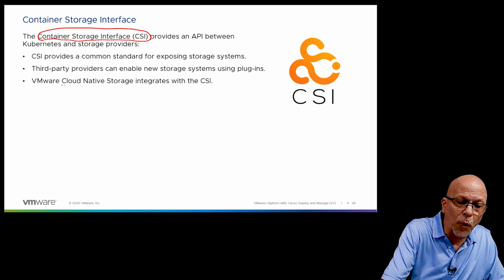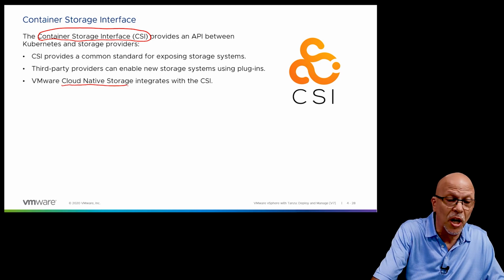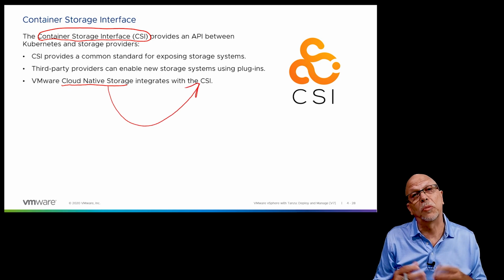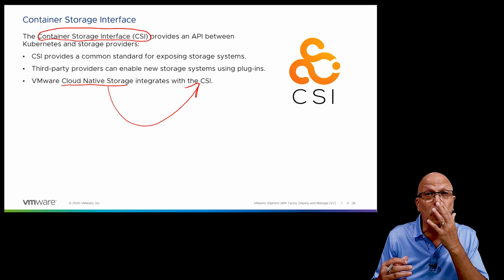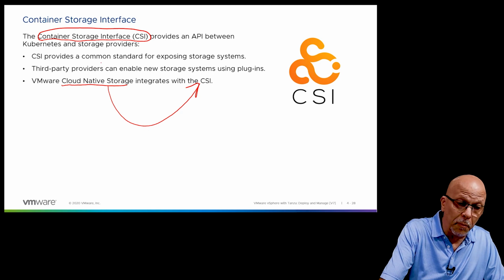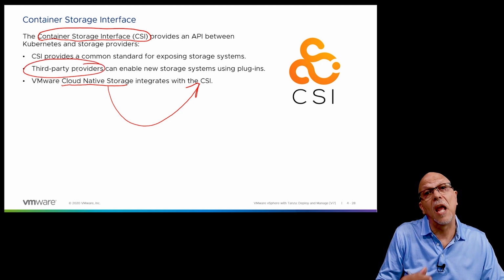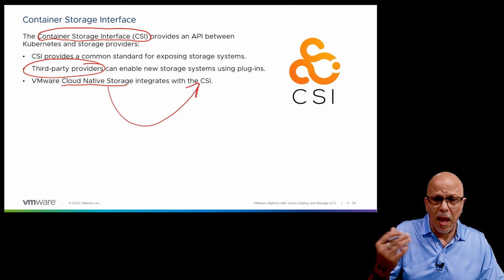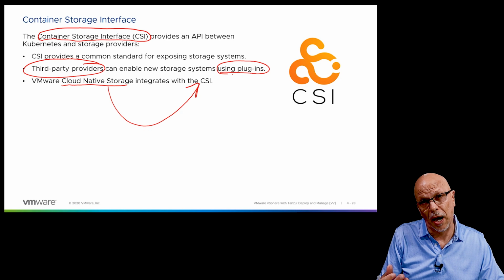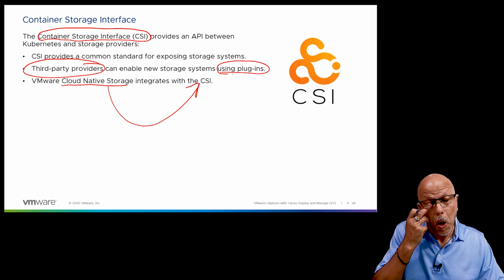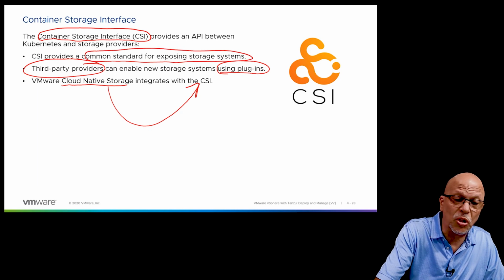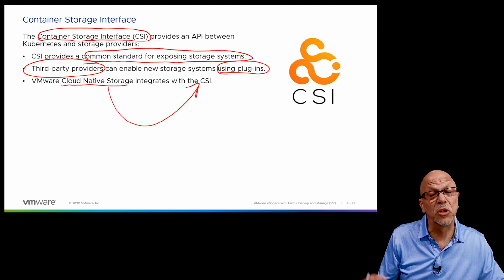We've implemented our CNS to be able to integrate with the CSI to be able to expose vSphere data stores and storage policies into Kubernetes. Any vendor, any third-party provider can enable their storage platform by simply taking a look at the plugin architecture and the APIs that they've got to conform to. So what the CSI does is it provides a common standard for exposing the external storage systems into Kubernetes.